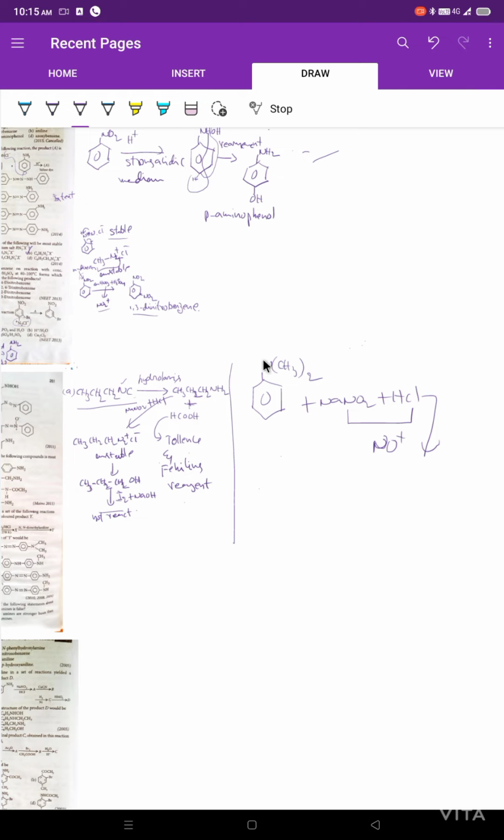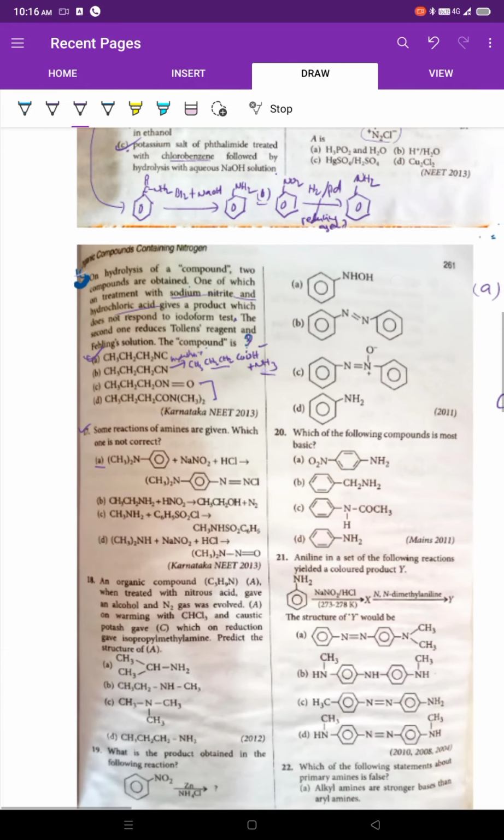This cation undergoes electrophilic substitution, and the electrophile gets substituted here, so you can expect the product like this, with NO and a double bond O. But the answer they have given is different.